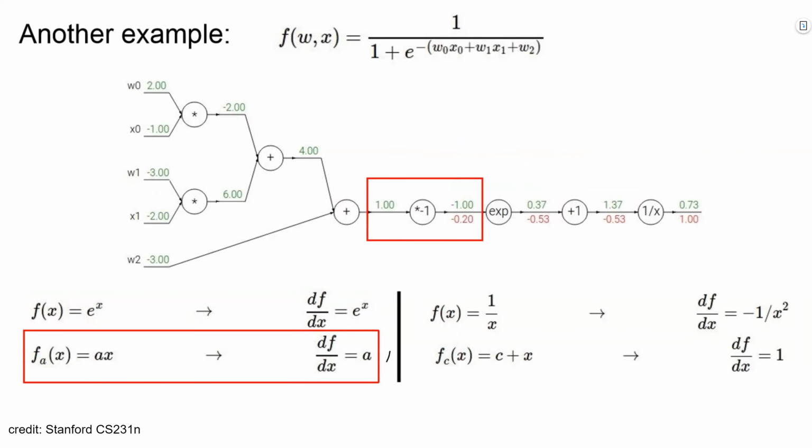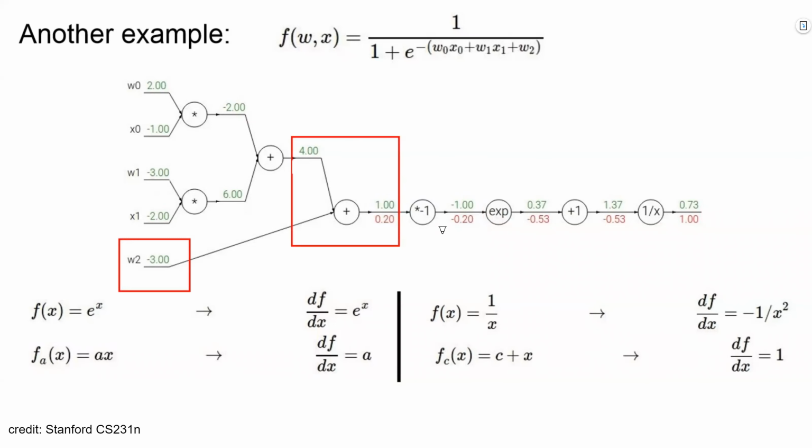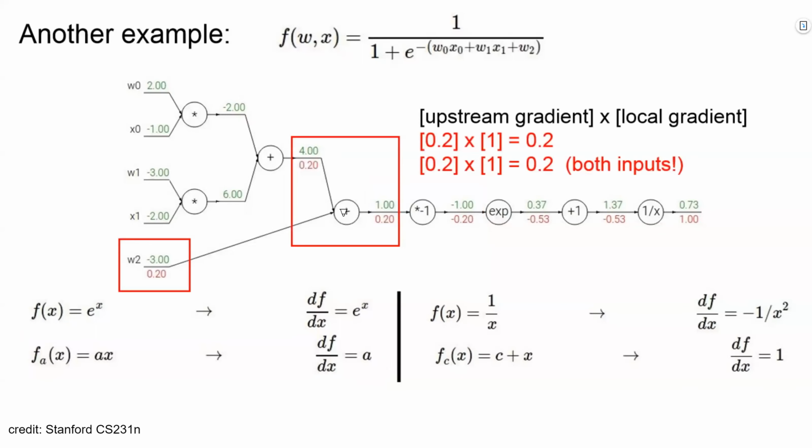Here, we just need to pass the value a, and the local gradient is minus 1, and the sign is reversed. Here, we're just adding, and this gradient is just distributed, 2 and 2. The local gradient is 1.